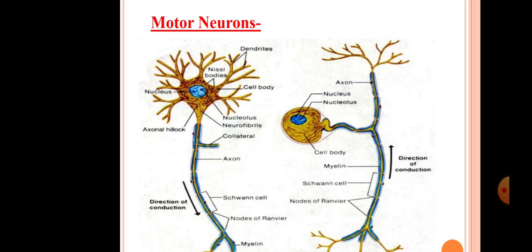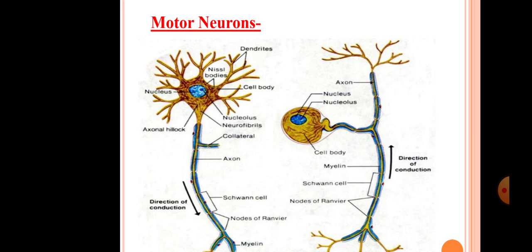Then the next is the axon and axon terminal. The axon is a tube-like structure of the neuron which conducts signals from the cell body to the synaptic knob.